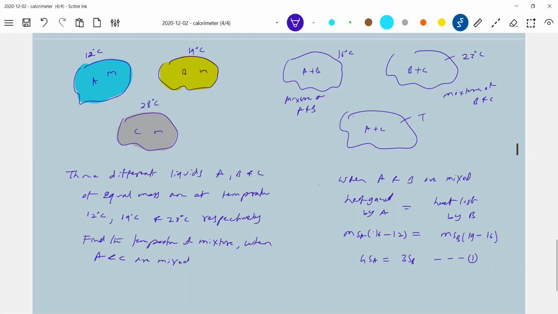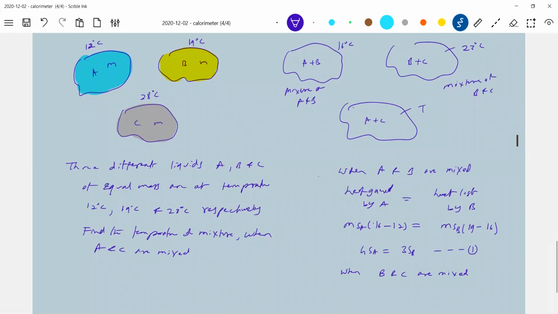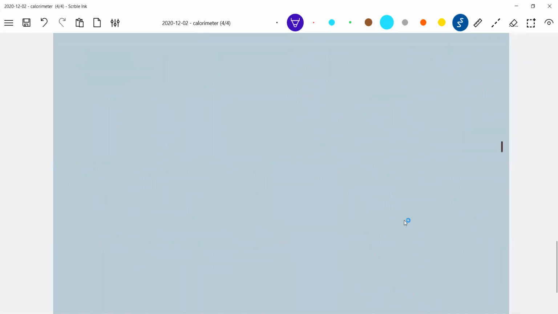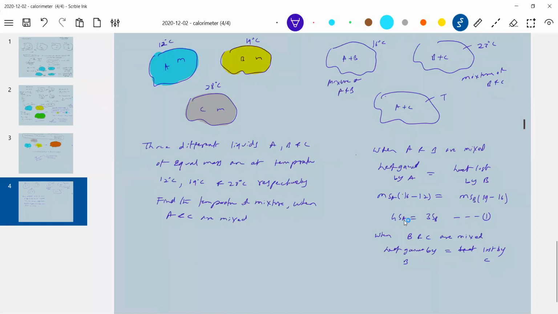Now, similarly, when B and C are mixed, heat gained by B is equal to heat lost by C. Heat gained by B is mass into SB, with temperature change 23 minus 19.